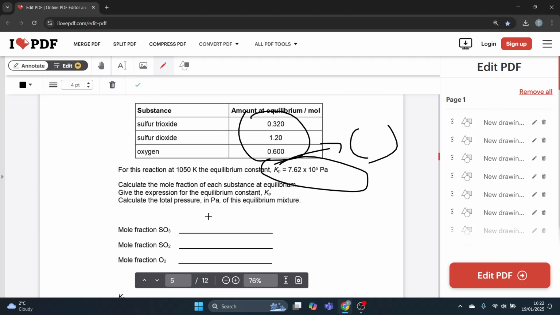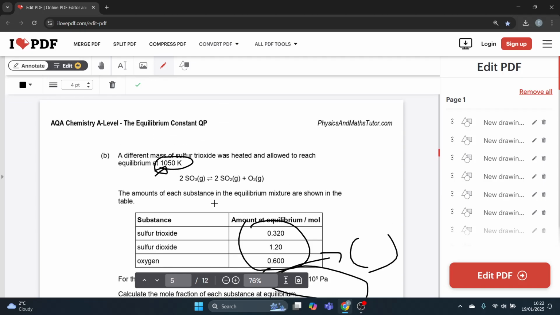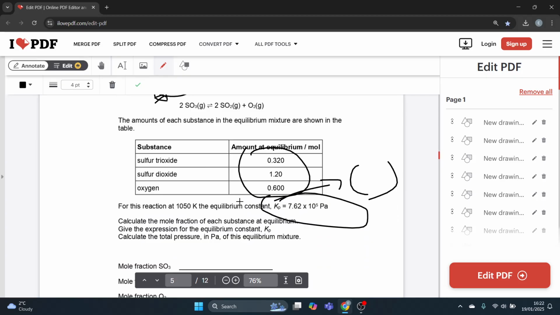Okay, so the mole fraction of SO3 is just the moles of sulfur trioxide, 0.320, divided by 0.320 plus 1.20 plus 0.600, and that will give me 0.15.